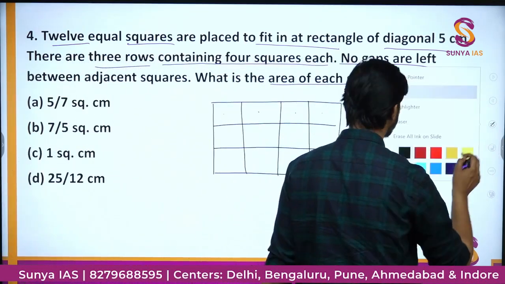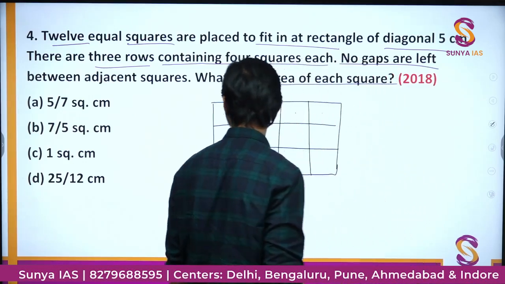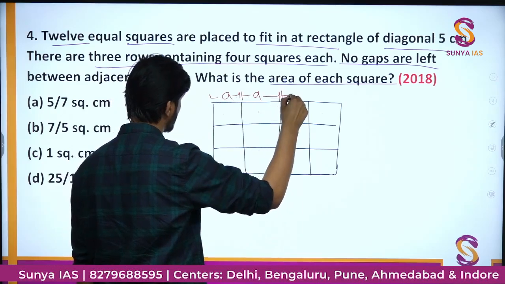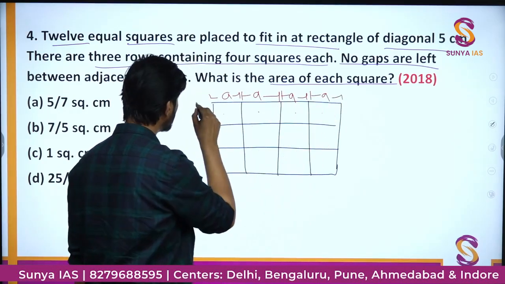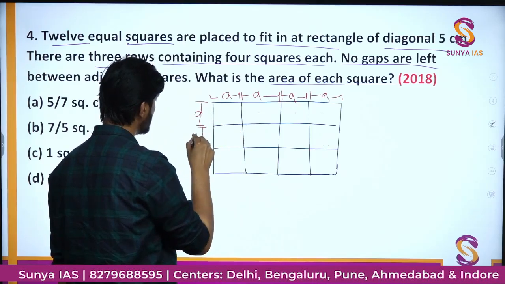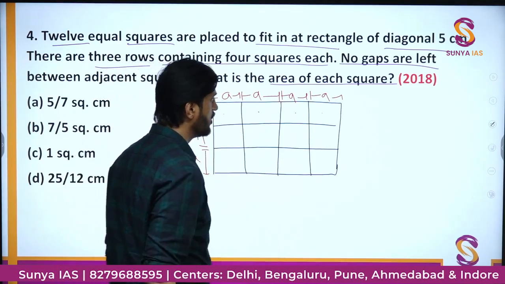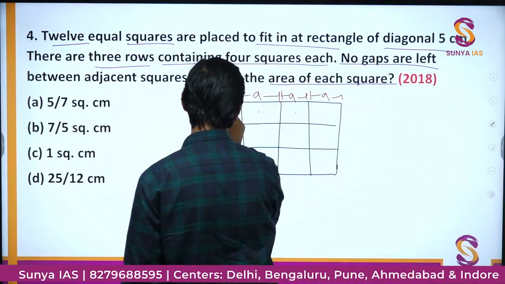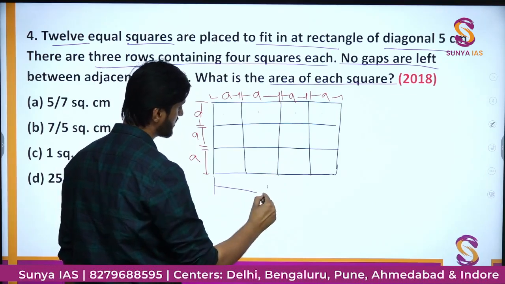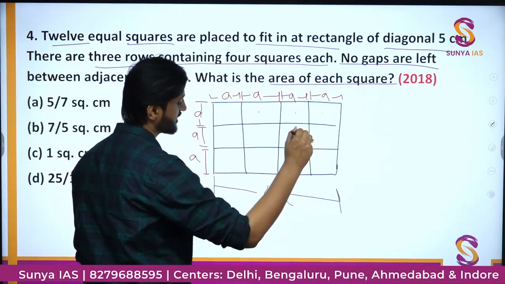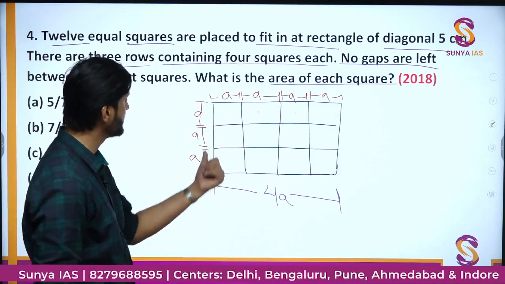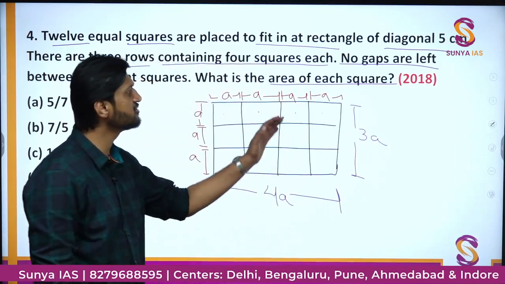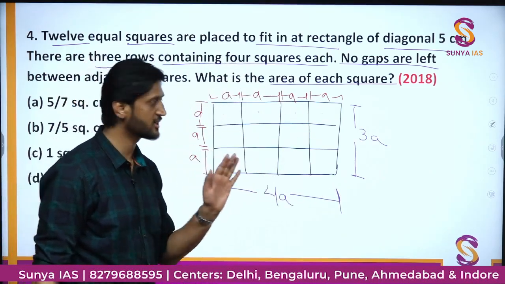Now within this rectangle, if each square is of side A, so this would be A, this would again be A, and here you can see it is A and A. So in this particular rectangle we can observe the overall length will be 4 times A, right, and the overall width will be 3 times A. All this information is visible just by making the diagram and nothing else.